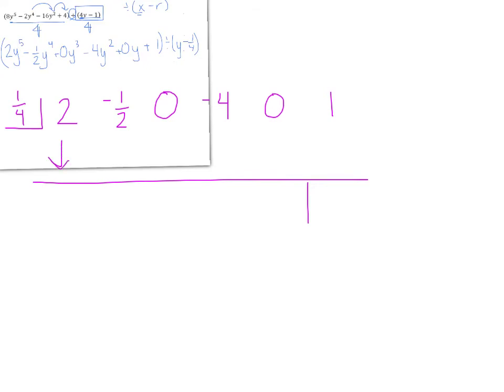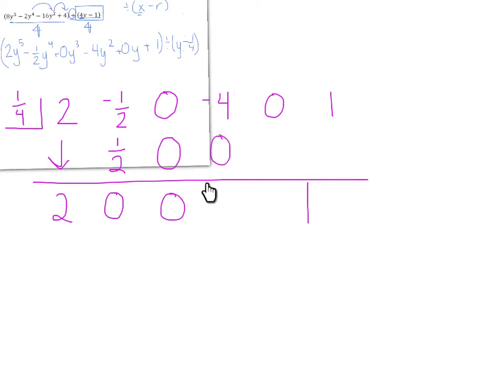So we're going to drop down the first value, which is 2, and now we will multiply our 2 by our 1/4. 2 times 1/4 is 1/2. Now we add negative 1/2 plus 1/2 is 0. Repeat the process. 0 times 1/4 is 0. We add 0 and 0 to give us 0. We multiply. 0 times 1/4 is still 0.